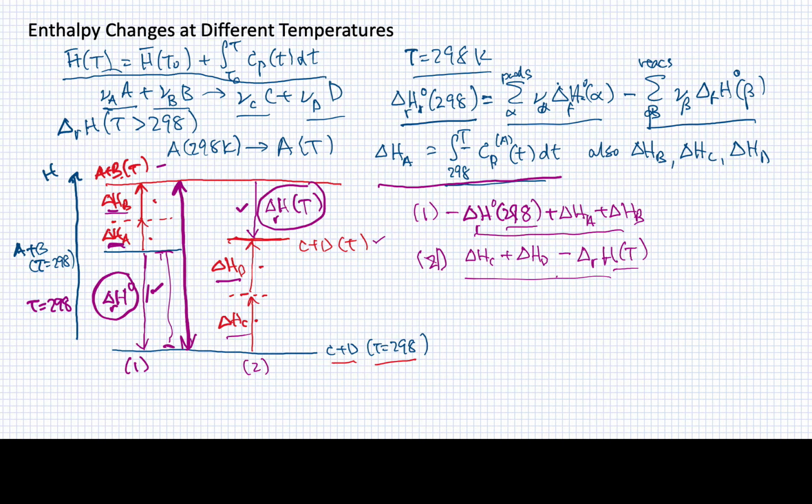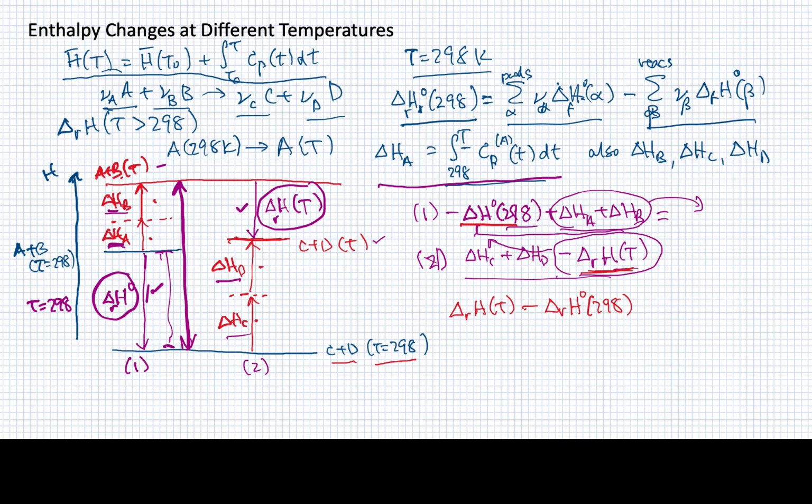So if I set them equal to one another, and then I move this object to the other side of the equation, and I move these objects to the other side of the equation, what I'll end up with, and I hope you don't mind my having scrambled this around a little bit, but I wanted to make the math not be dominating this whole page, is the enthalpy change of the reaction at temperature T, that's this quantity that I've moved, minus this enthalpy of reaction at the standard temperature, 298.